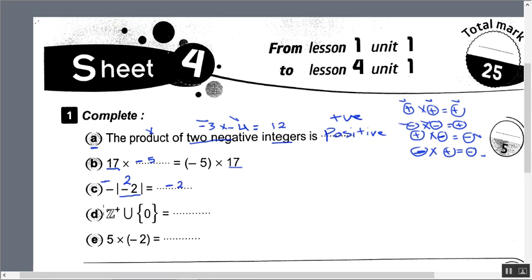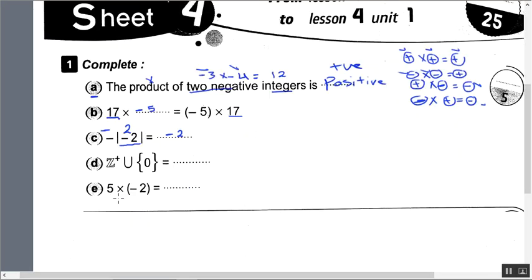Question number D. He said positive integers union the set of 0. Positive integers, we said before, equals 1, 2, 3, 4, 5, and so on. Here he said also union the set of 0.